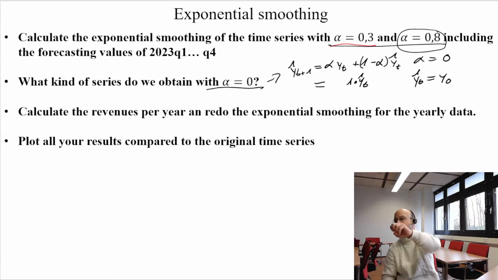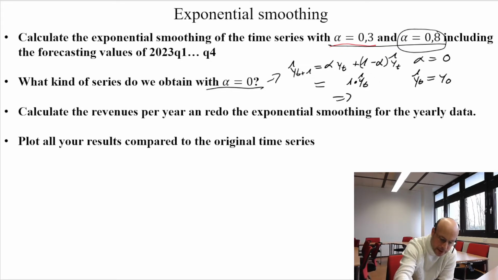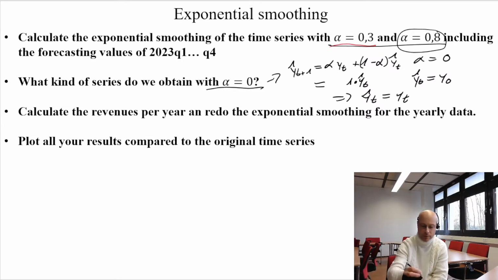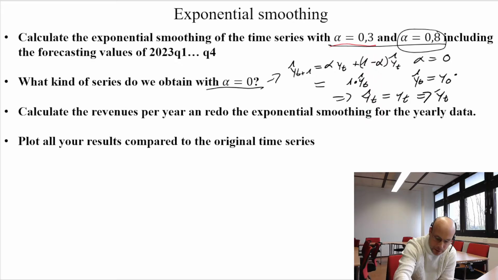Then you see we just stay at our first data point. So all our y hat t equal y0, and also explicitly y hat t plus 1 will be y0.